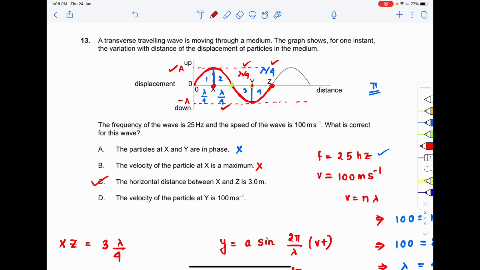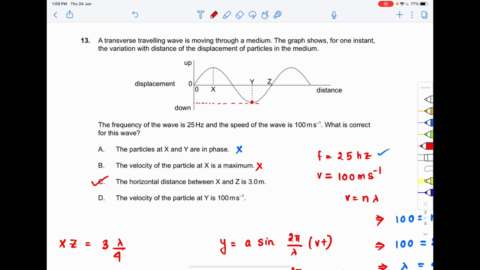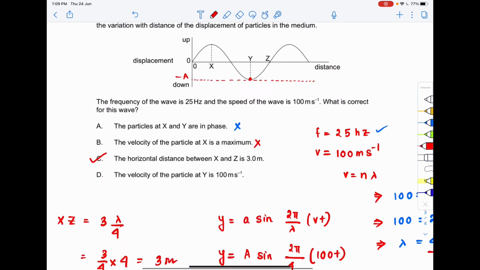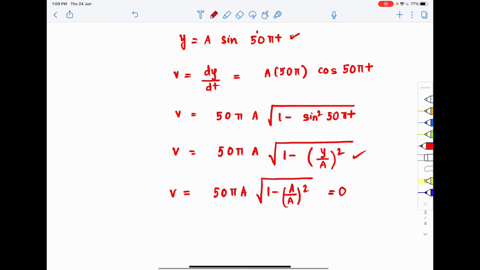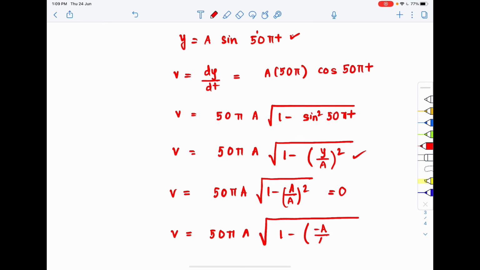Now we also want to explore option D: the velocity of the particle at y is 100 meters per second. Again we want to find the velocity of the particle at y. The displacement of the particle at y is the maximum downward amplitude, so it is minus A. Putting y equal to minus A in this equation, velocity becomes 50πA root of 1 minus (minus A/A) whole square.